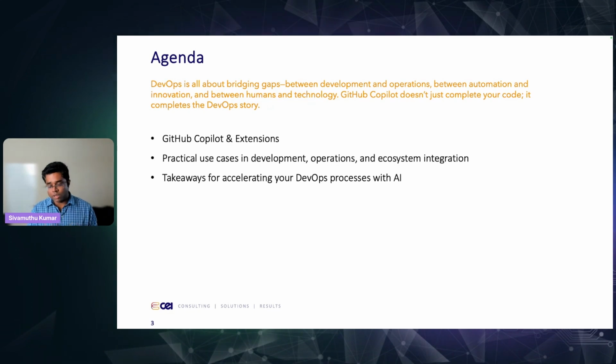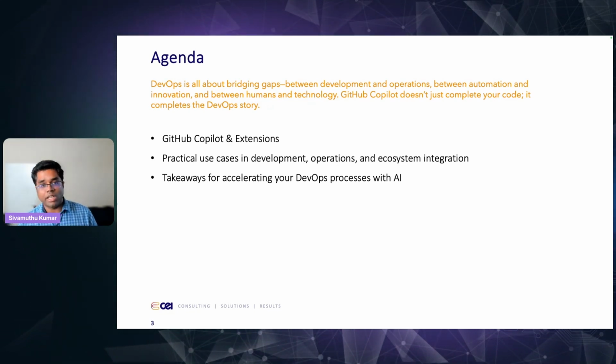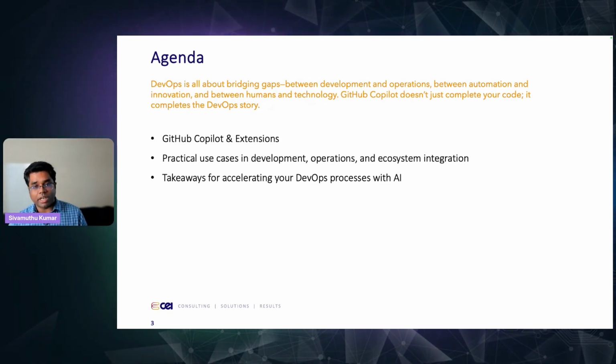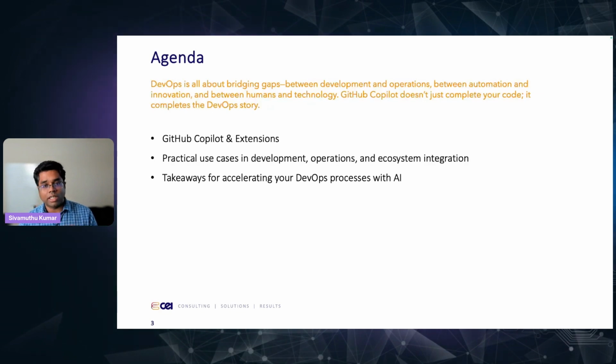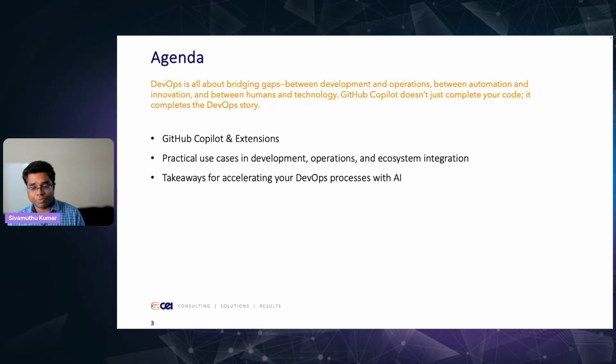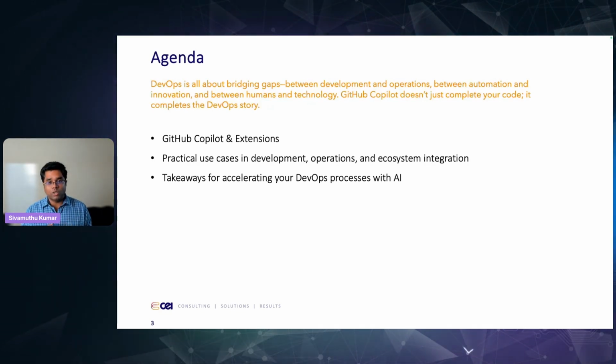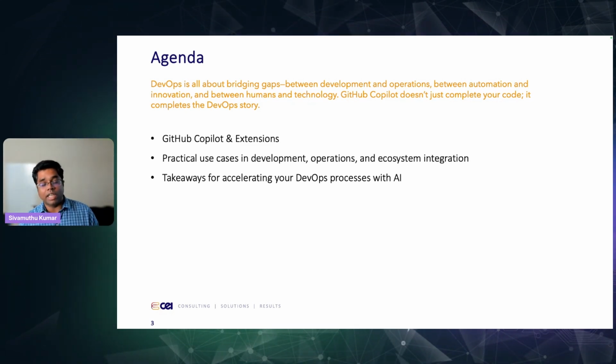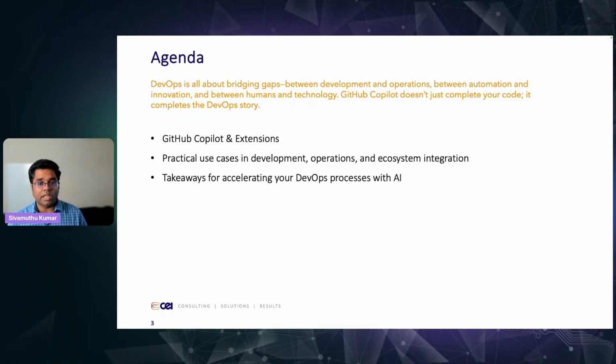So today I'm going to focus on what GitHub Copilot is, what the GitHub Copilot extension features are, and then practical use cases on how we are using GitHub Copilot and GitHub Copilot extensions in development, operations, and ecosystem integrations.